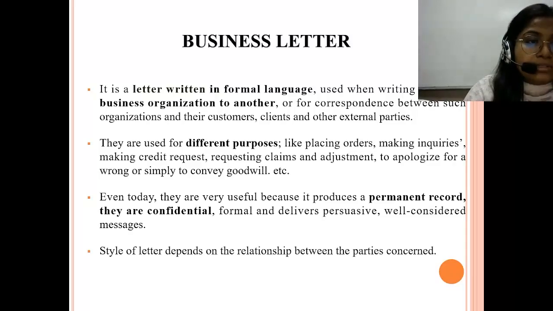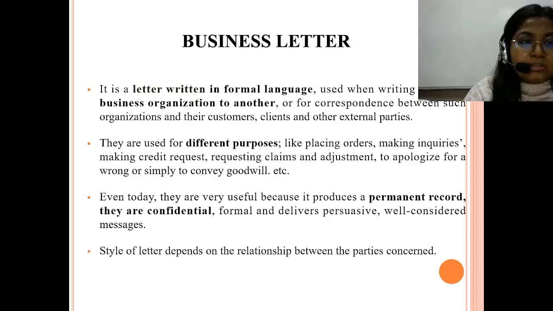Basically, business letters are also a type of written communication where we have to share our information with the other person by writing it in terms of letters, emails, and so on.